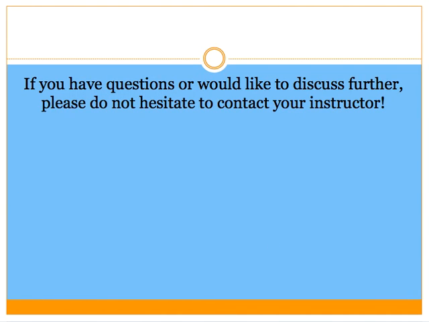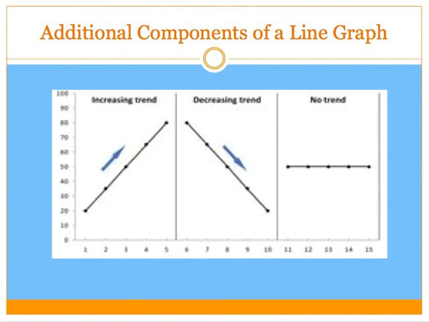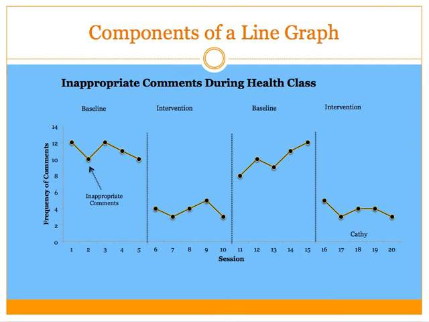Make sure I didn't miss anything. Oh, minimum number of data points. Let's go back to the previous graphs. As you can see in this graph, there are 5 data points. 1, 2, 3, 4, 5.